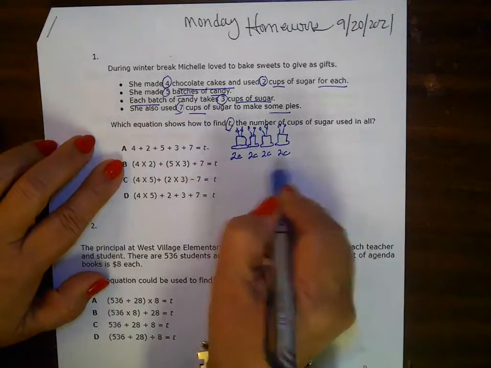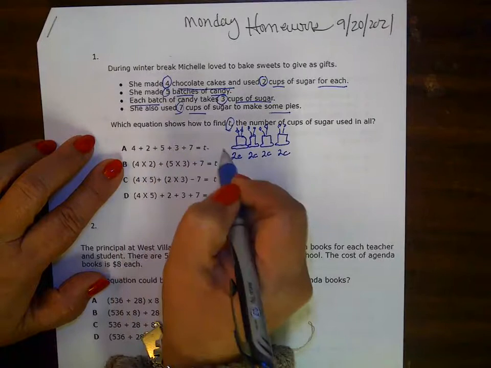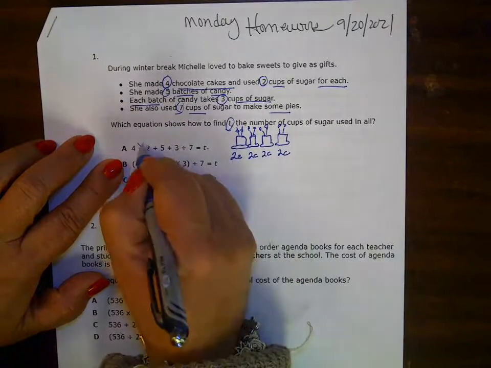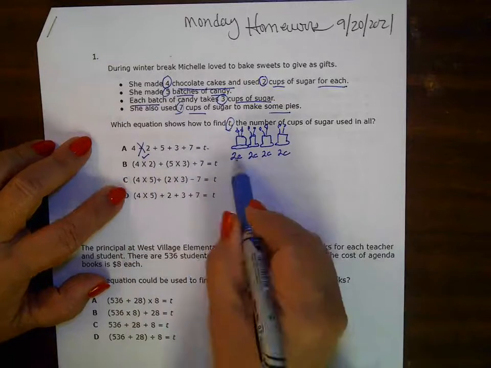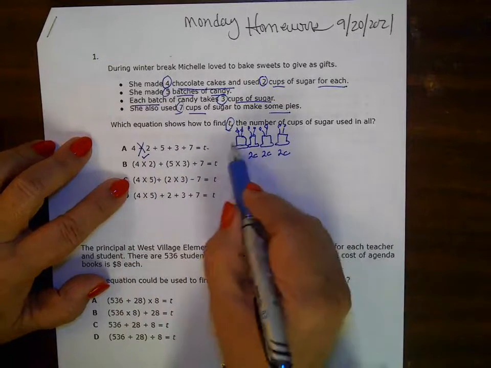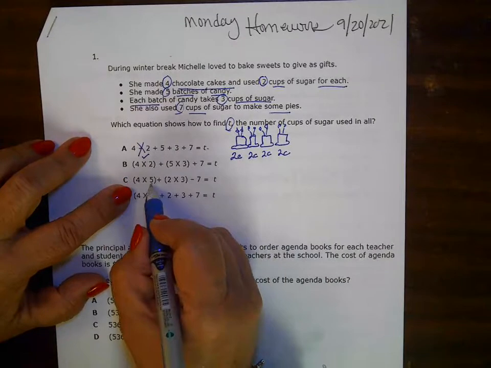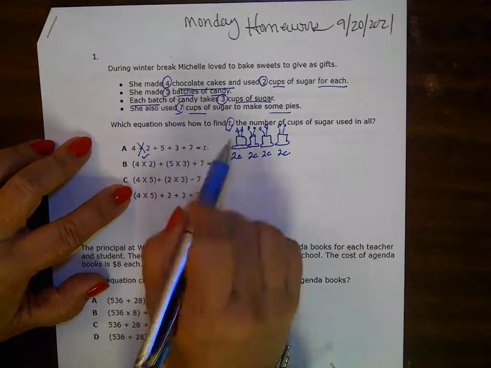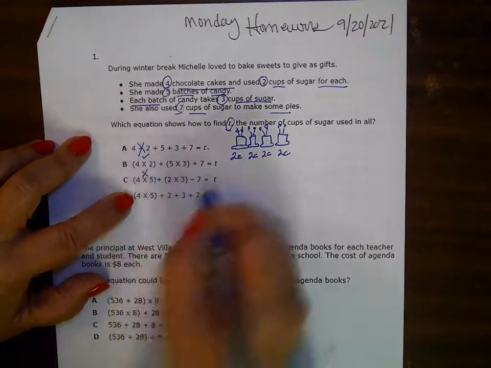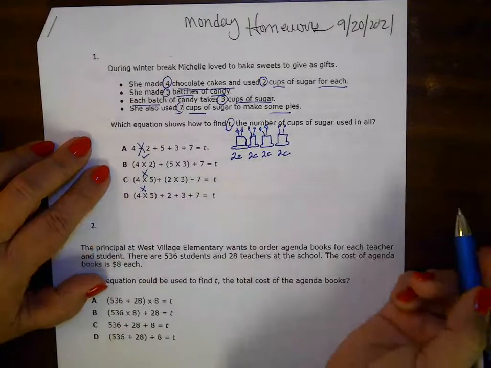This is an addition problem, 4 plus 2, that doesn't make any sense, does it? So I'm going to cross that out. This seems like it makes some sense. I had 4 groups. Each group had 2 cups in each. 4 times 5. Nope, that's 4 cakes and 5 batches of candy. That doesn't make any sense.